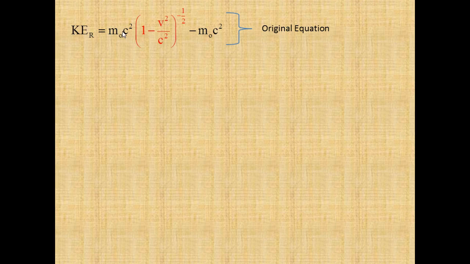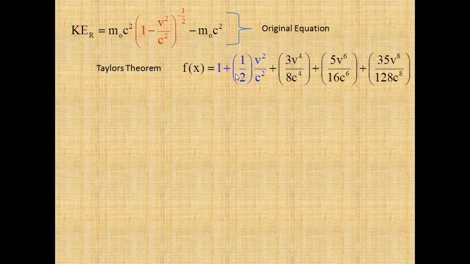So our original equation, relativistic kinetic energy, is equal to m naught c squared times 1 minus v squared over c squared raised to the power of minus 1/2, minus m naught c squared. That's our original equation. Here's Taylor's theorem, okay, which we developed from taking the derivatives of this function.